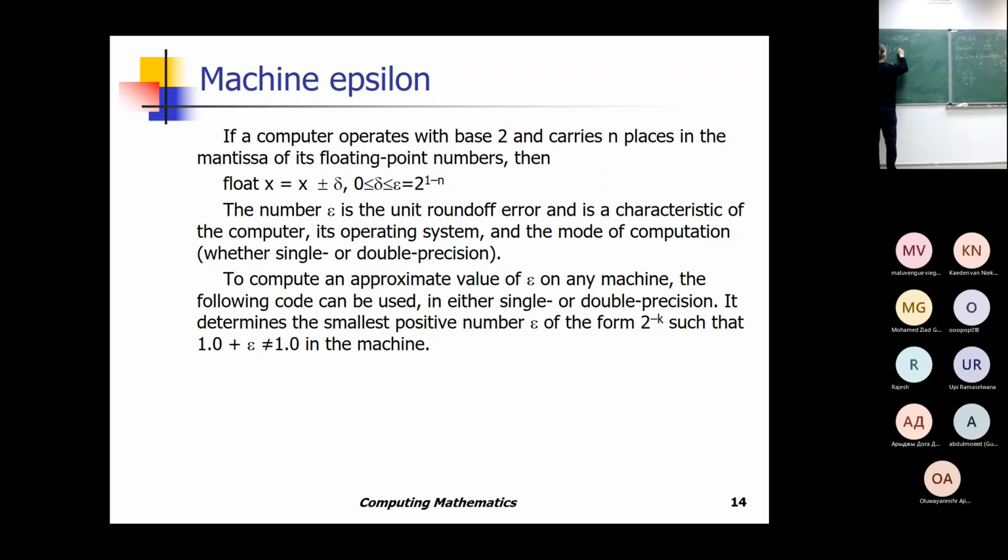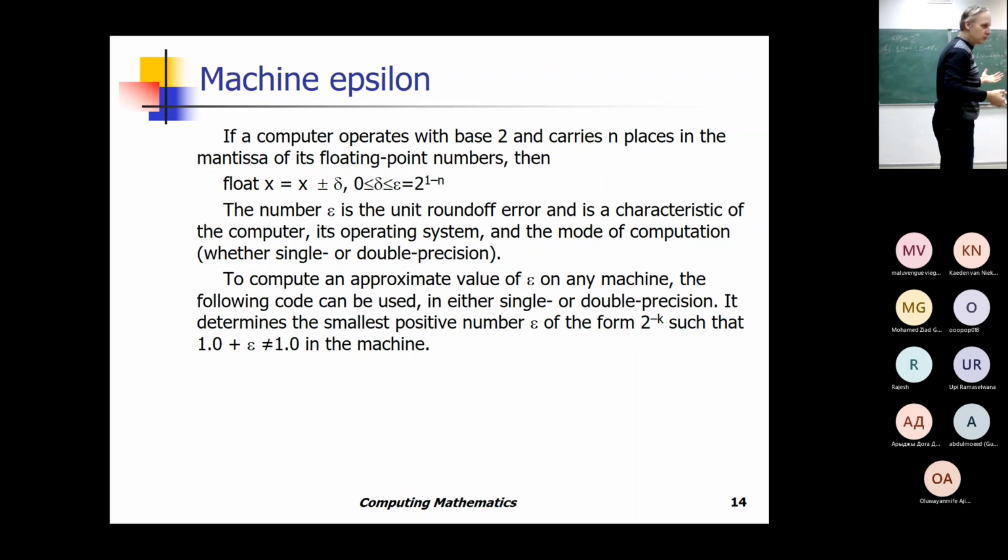If, sorry, not epsilon, it's written here, of course, not epsilon, but real 1.0 equals 1.0 plus epsilon. So if it's true, then we find the machine epsilon.